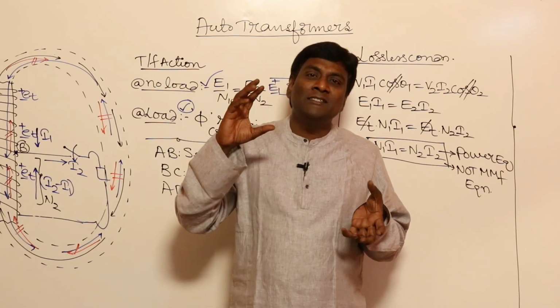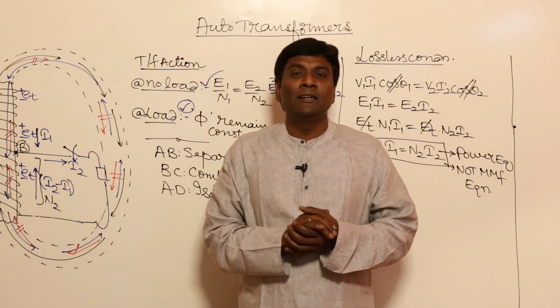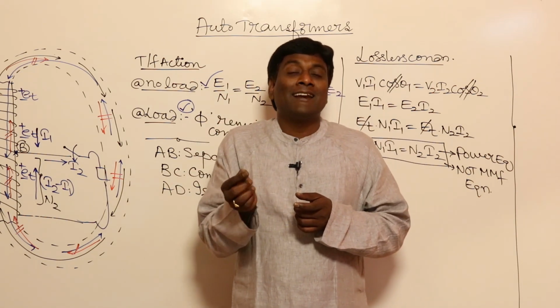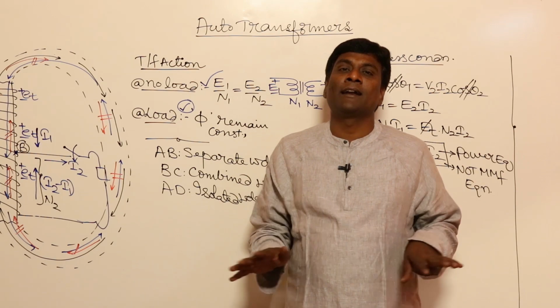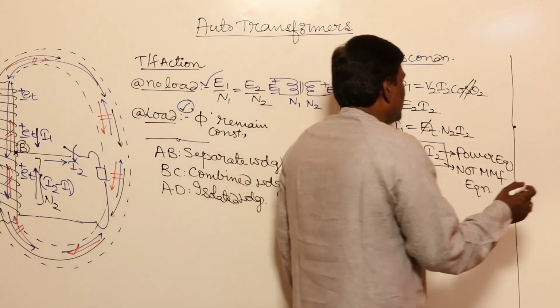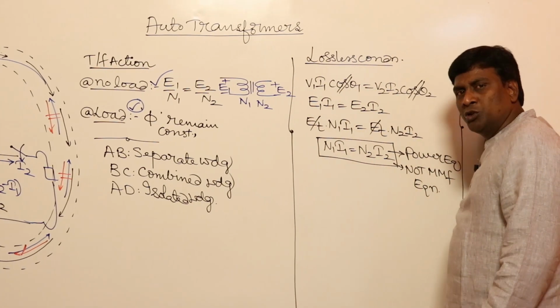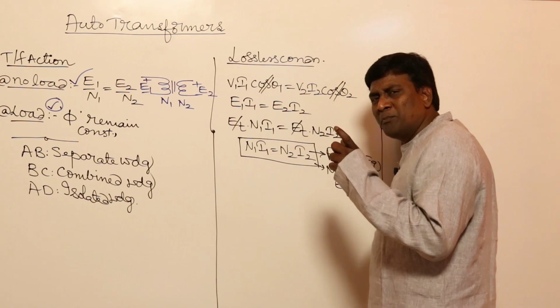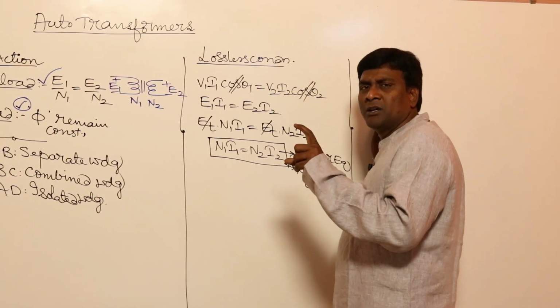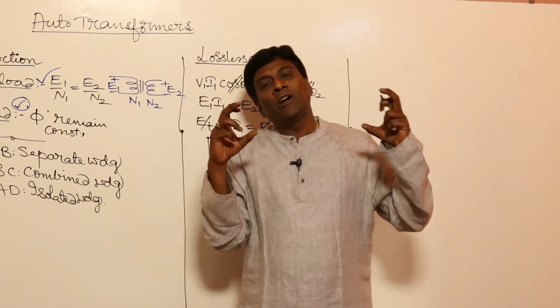Primary power handling capacity equals secondary power handling capacity, which is power handled from primary to secondary by transformer action, without conduction and without any electrical connection. So here also some part of the MMF should be equal to another part of the MMF. Then I can say, for example, X winding MMF equals Y winding MMF.